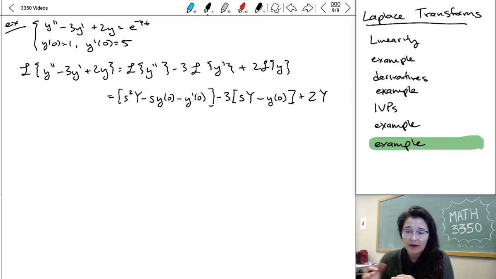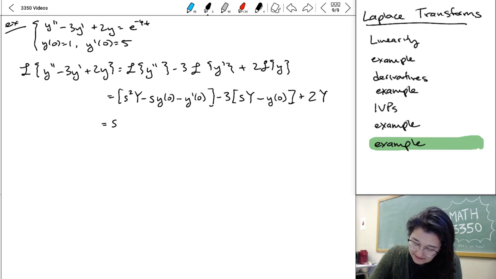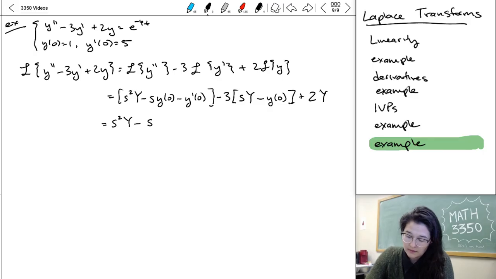Then I'm going to plug in my initial conditions so that they are a little easier to work with. So that's s squared Y minus s times y of 0, which was 1, minus y prime of 0, which was 5.